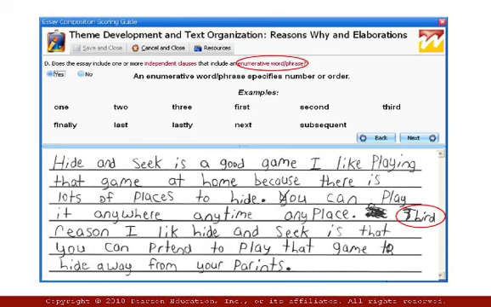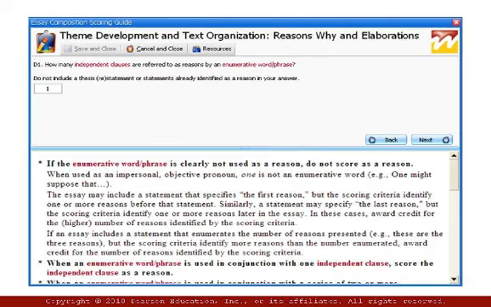Then it's going to ask me how many. Notice here this statement. It's 1 in this case, but do not include a thesis restatement or any statements that you already identified as a reason in your answer. So let's say I use an enumerative word or phrase like in essay 30, first.